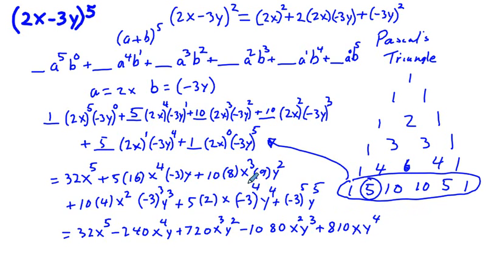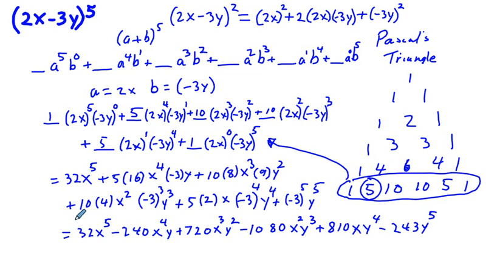And finally, we're going to have this last term, negative 3 to the fifth power. Well, 3 to the fourth power is 81, and 81 times 3 is 243. So we're going to have minus 243 y to the fifth power. And we don't have any x term because 2x to the 0 power is just 1.